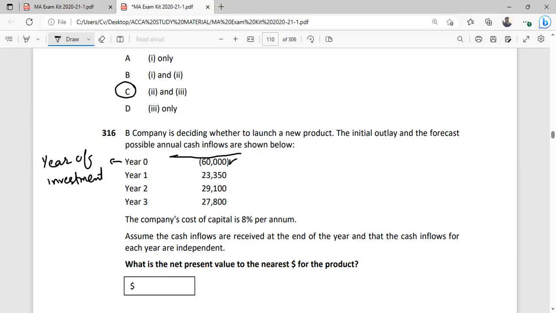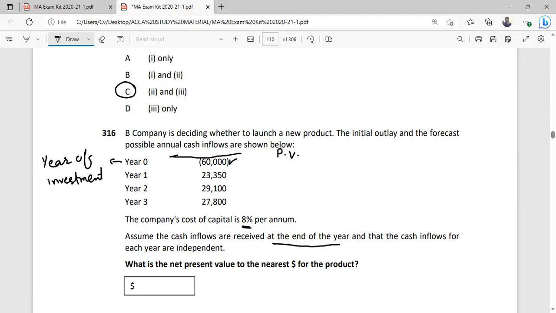Then we have year 1, 2, 3. It is cash inflow. Cost of capital is 8%. Assume that cash inflows are received at the end of each year and the cash inflow for each year is independent. What is the NPV for the product?